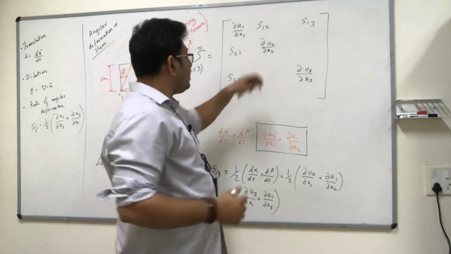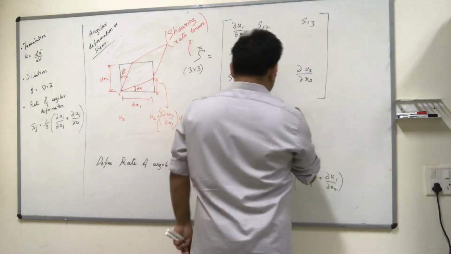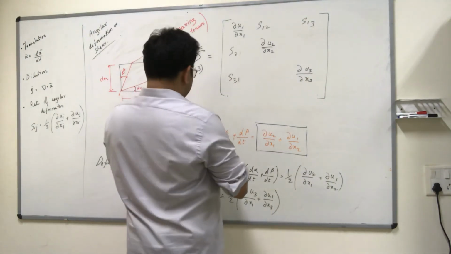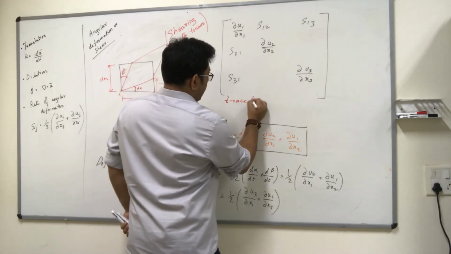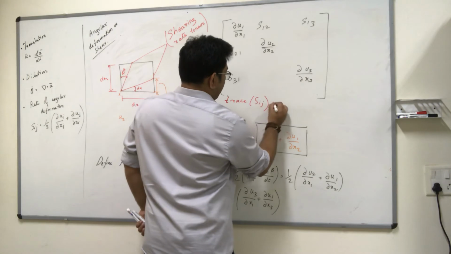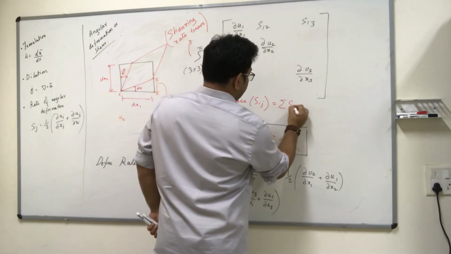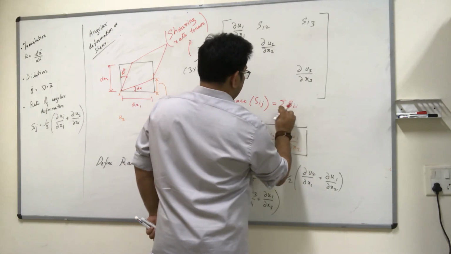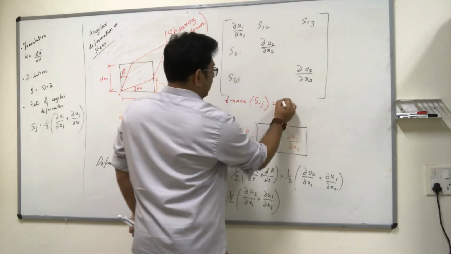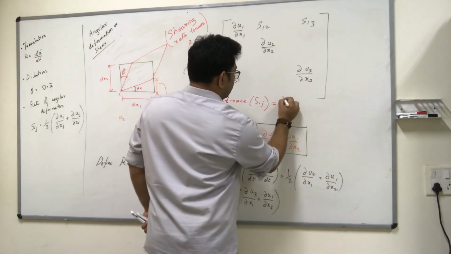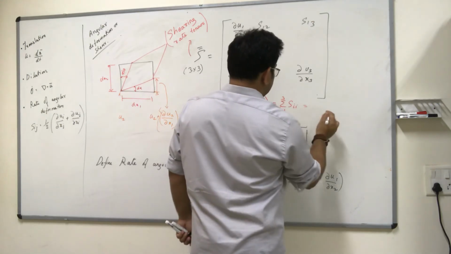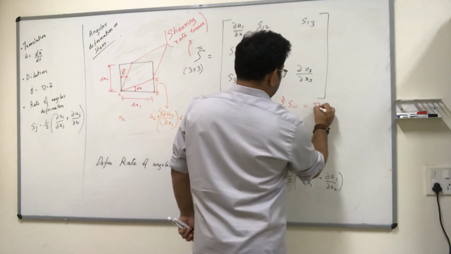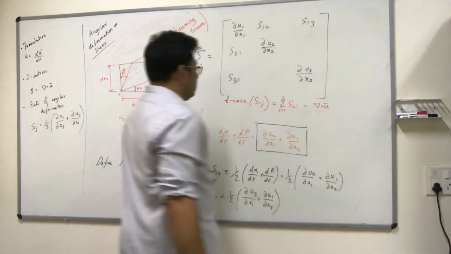So the trace of Sij is basically the summation of Sii. Till now I'm not using the tensor notation yet, so I'll just pretend these are matrix values. So this is simply this quantity.